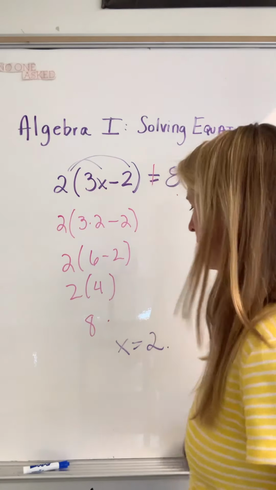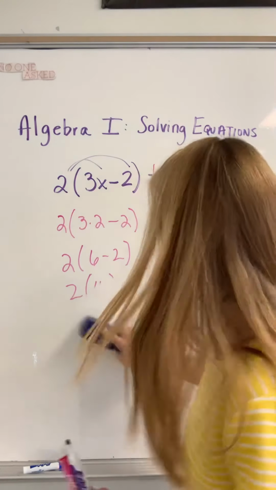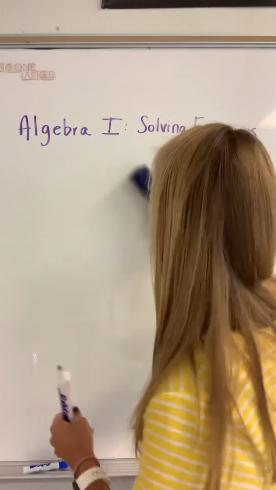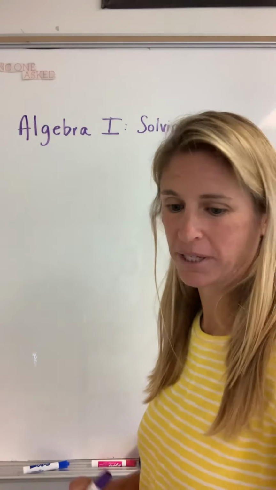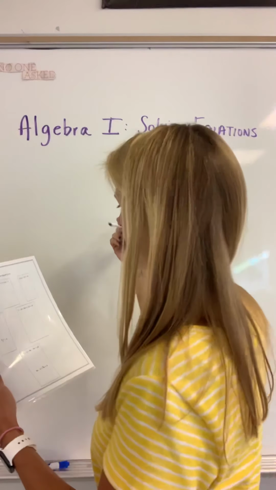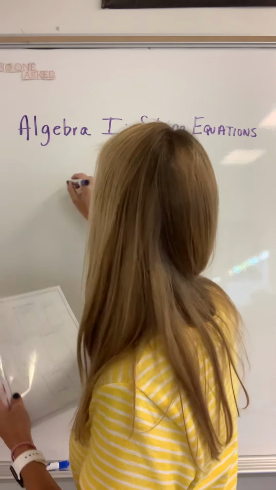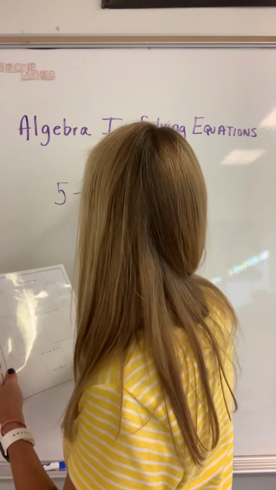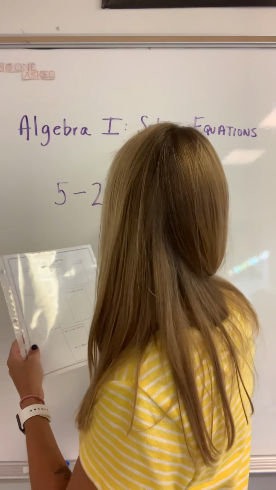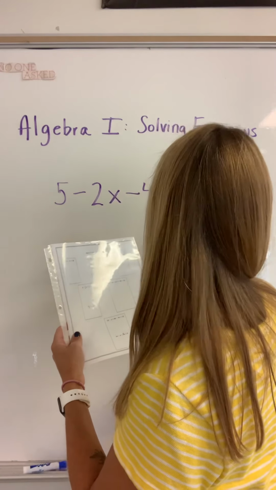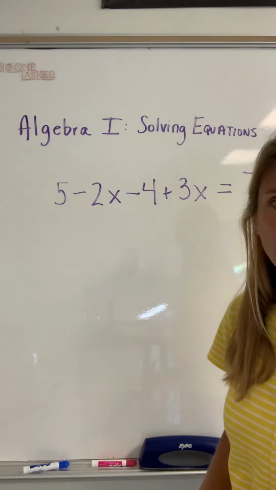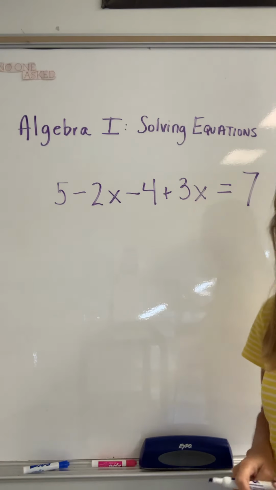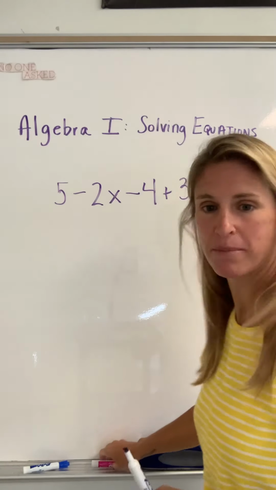Okay, it gets a little bit harder. So let's make our simplifying a little bit more complicated. Maybe it's not that much more complicated, but again, I've got my equal sign.